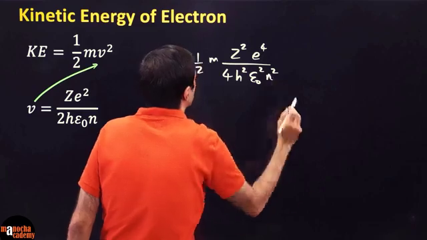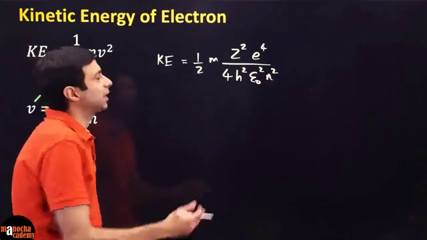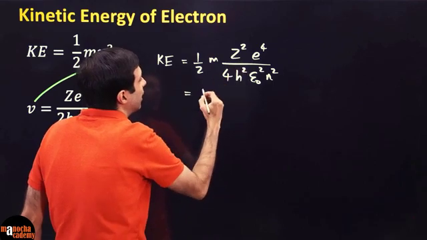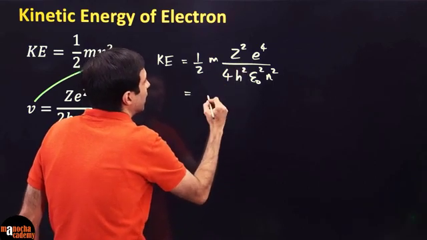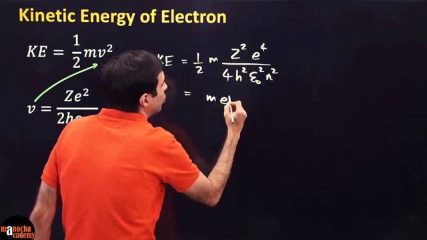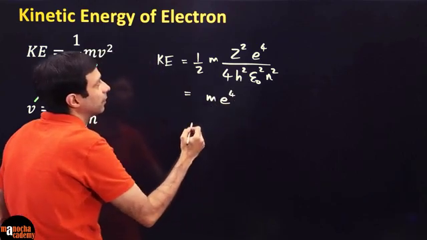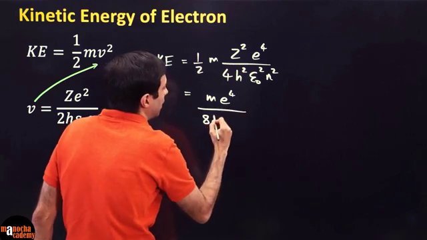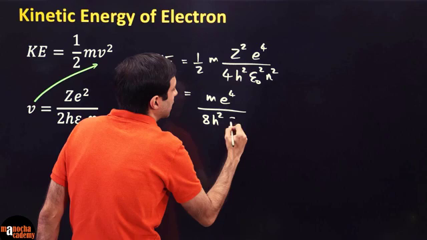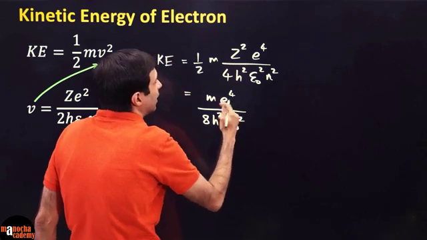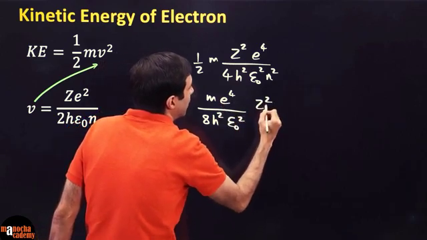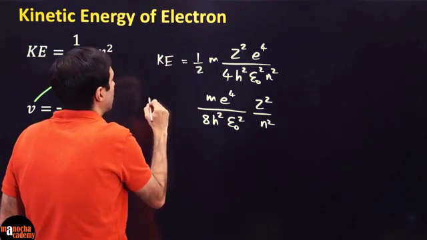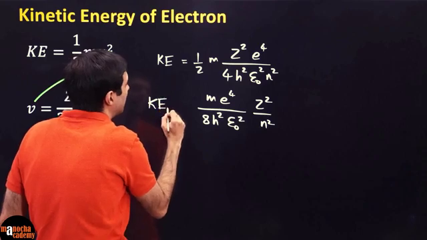Wow, lots of squares over here. So if you simplify this expression, again, bring all the constants to one side, what do we get? We are getting m e to the power 4 divided by 8 h square, epsilon naught square, and then we have your Z square by n square. This is your kinetic energy in the nth shell.